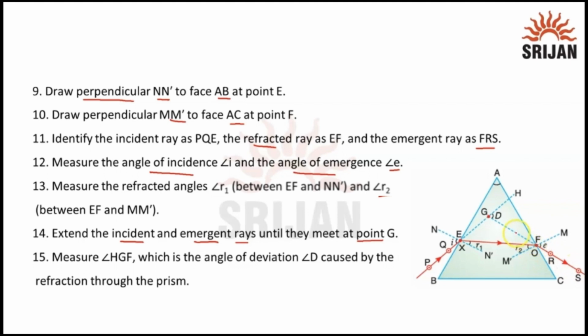Now, if we trace it backwards, the angle FGH will give us the angle of deviation that has been produced in the incident ray. It tells us the extent to which the incident ray has been deflected from its original path. So measure angle HGF, which is the angle of deviation caused by the refraction through the prism. So that's all about it. I hope this topic is clear to you. Thank you.